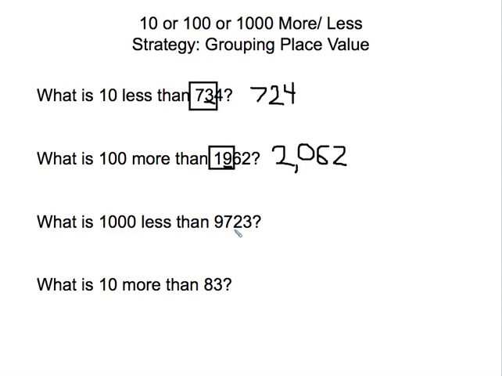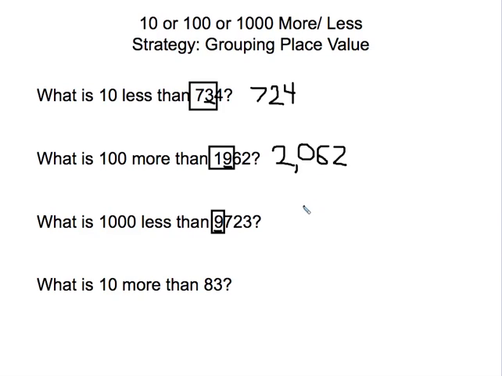Now this one I didn't do the chunking for you. I wanted to know what was 1,000 less than 9,723. Here are my ones, tens, hundreds, and thousands. In this case, there is nothing to the left of it. All I have is 9 thousands. I want to know what is 1,000 less than the 9,000 that I already have. So I have 9,000. I want to take away one of those 1,000.